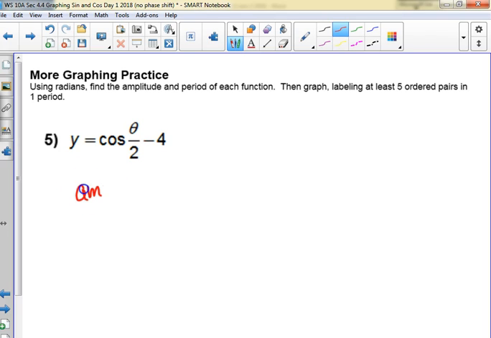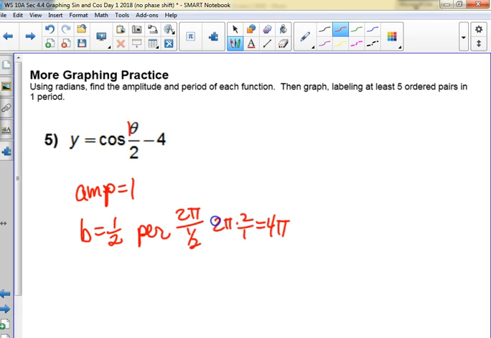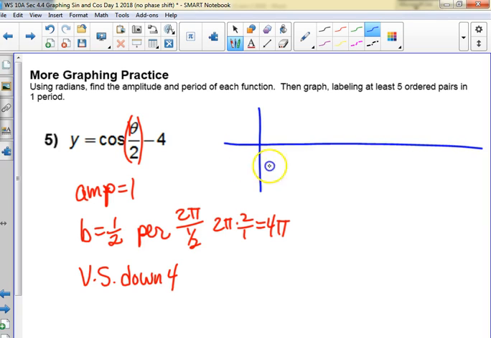This one has an amplitude of 1. But the b value is 1/2 here. So the period is going to be 2 pi divided by 1/2, which will be 2 pi times 2 over 1, or 4 pi. And the minus 4 is a vertical shift down 4. So if I go over here real fast and I say this is my midline at negative 4, 1 unit above that at negative 3, and 1 unit below that at negative 5 are where my maxes and mins are going to be.